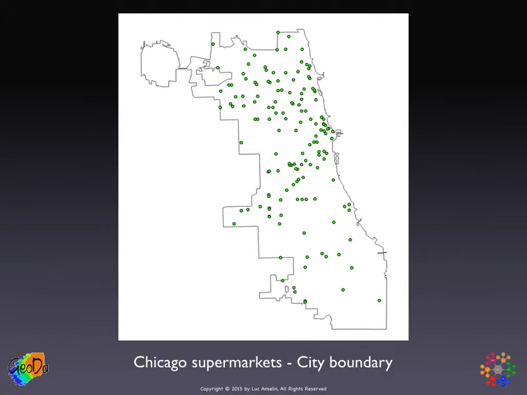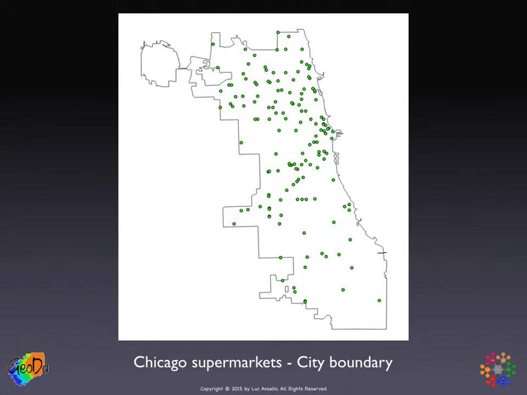In this case, the same example we will be using throughout: the location of supermarkets in the city of Chicago. The black line represents the city of Chicago boundary. Then the intensity would be computed by dividing the number of points, 149 to be precise, by the area included in the boundary of the city of Chicago.